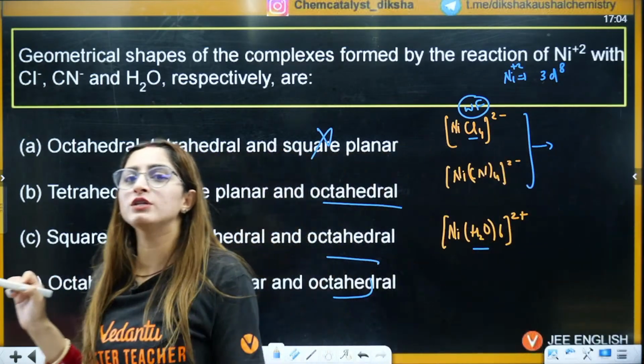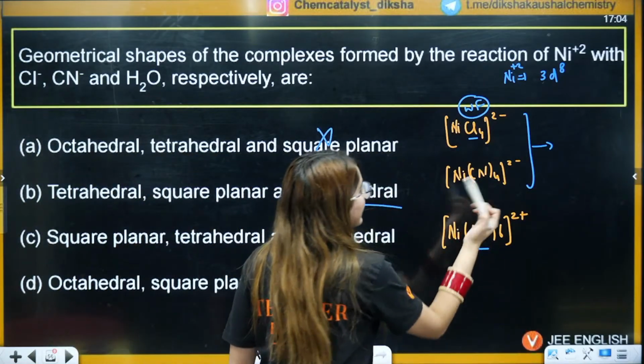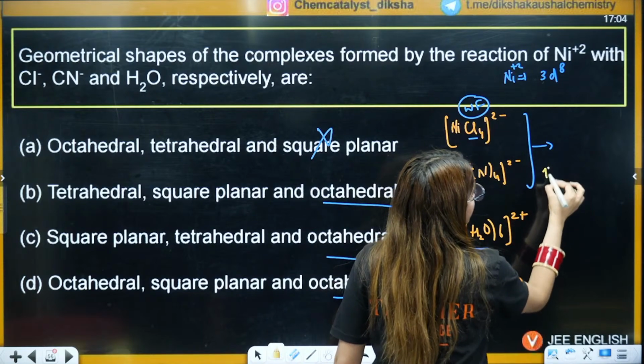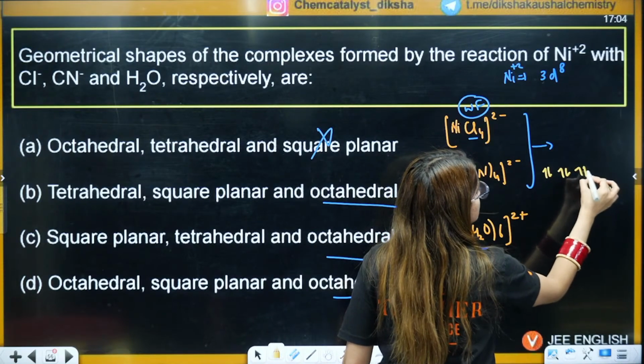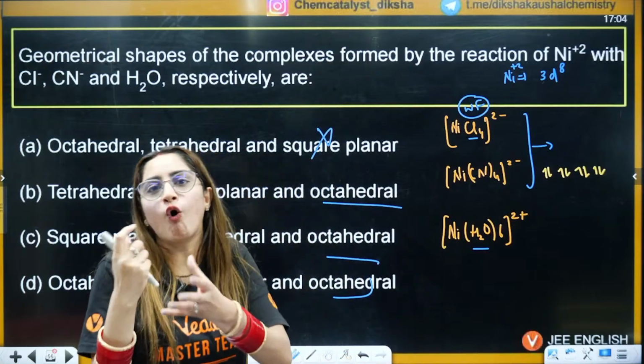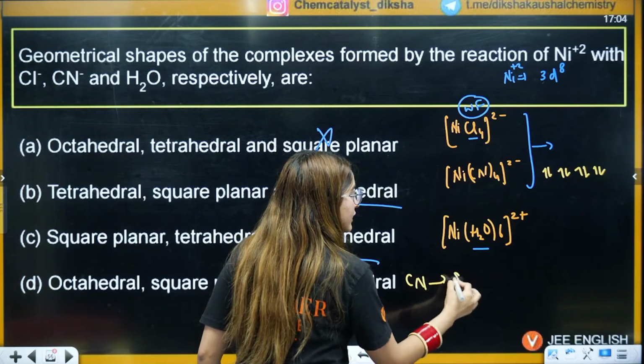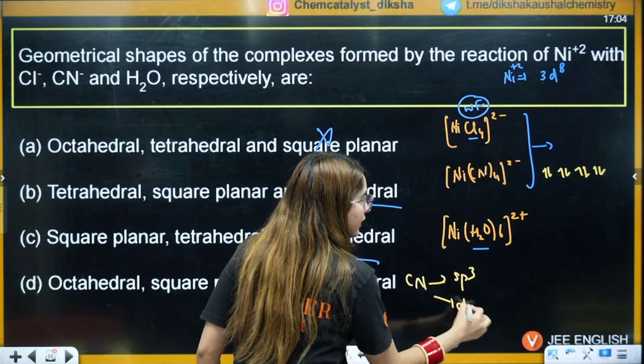So when we know that nickel 2 positive is 3d8, in a strong field ligand, what will happen? They will be pairing 1, 2, 3, 4, 5, 6, 7, 8. So you will be left with only one d orbital. We know that in coordination number 4, either it can be sp3 or it can be dsp2.